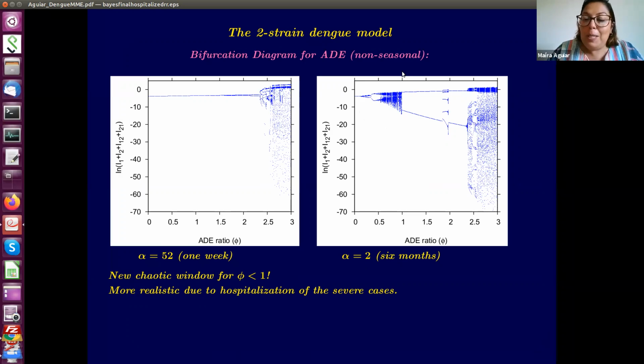In our case, a nicer and more realistic one, assuming the contribution of secondary infection is smaller than the contribution of primary infection in the population. And when we add seasonality, this one here becomes completely cloudy. So it becomes chaotic all over. Okay, thank you.